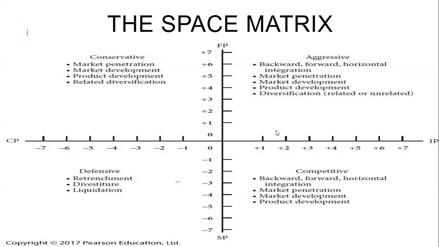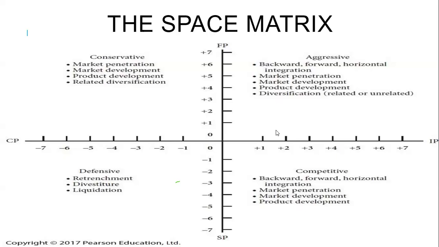The same applies to a situation where your industry position is solid and your stability position too is solid. Under such circumstance, and when I say your stability position is solid, it means you are closer to the point of origin here.